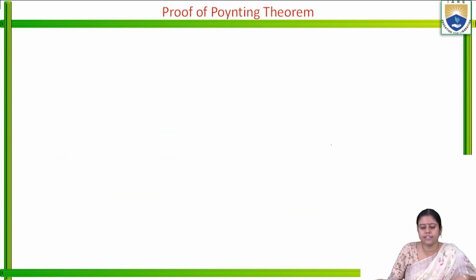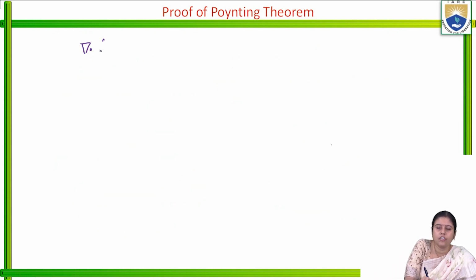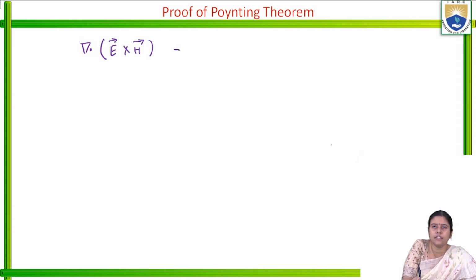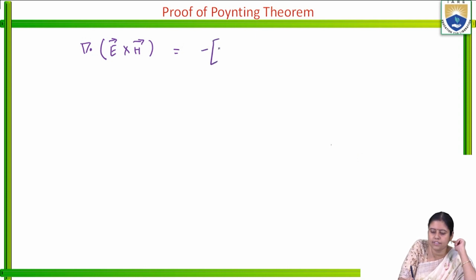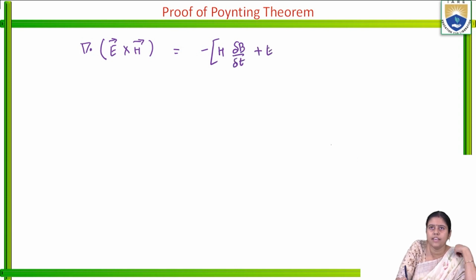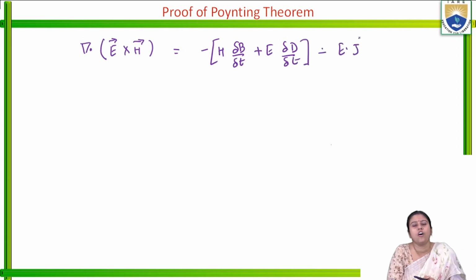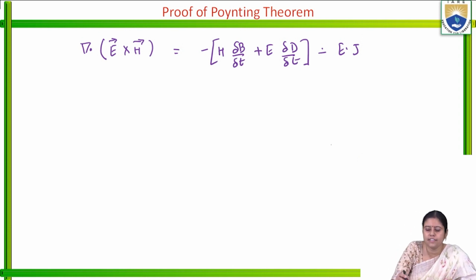We are rewriting it: grad dot E cross H is equal to minus H del B by del T plus E del D by del T minus E dot J, where E is the electric field intensity and J is the current density. These all are vector quantities.